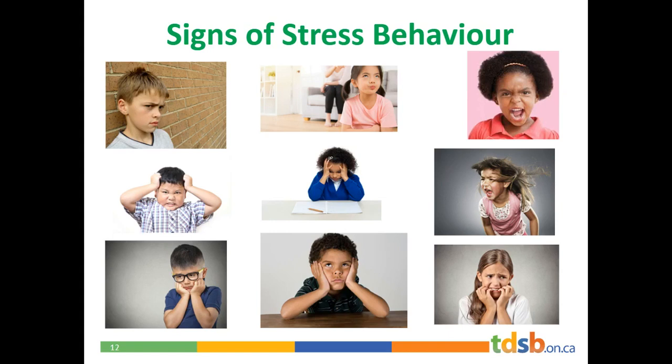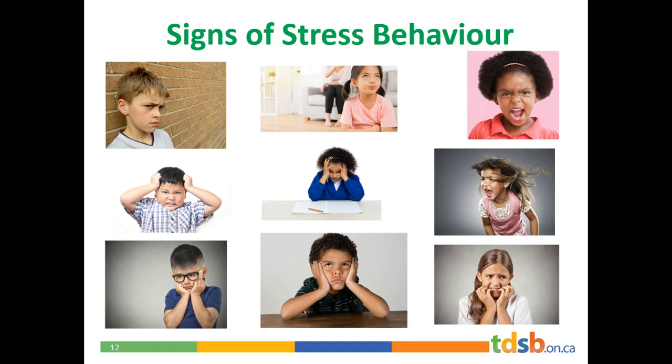Here we can see many children who are showing stress behaviors as they feel different uncomfortable feelings. The signs of stress behavior from the Self-Reg website include more impulsive behavior, difficulty ignoring distractions, seeing everything negatively, erratic mood swings, trouble listening, and they say things that just do not make sense.